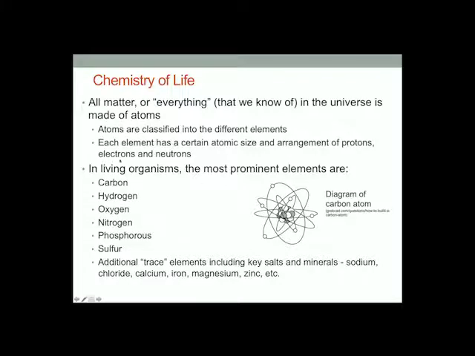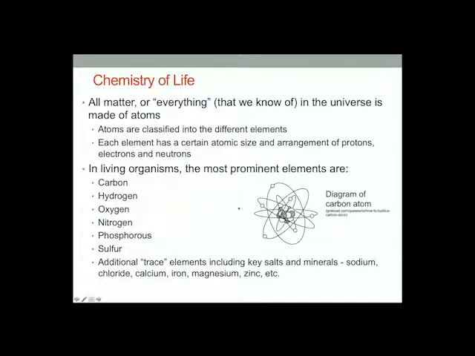And then we have the electrons of an atom, which are zipping around the nucleus and are considered to have a negative charge. The neutrons have a neutral charge. The neutrons and protons in the nucleus give the atom most of its mass.